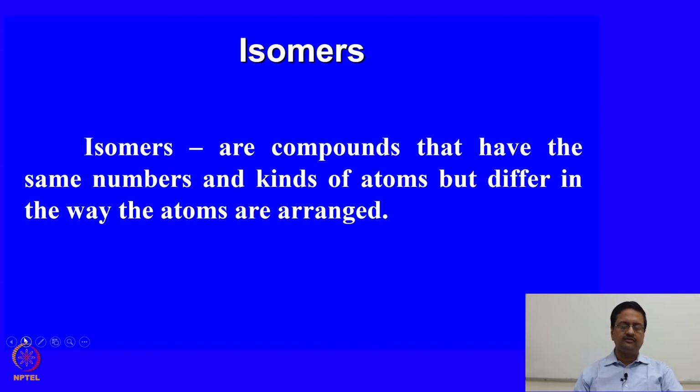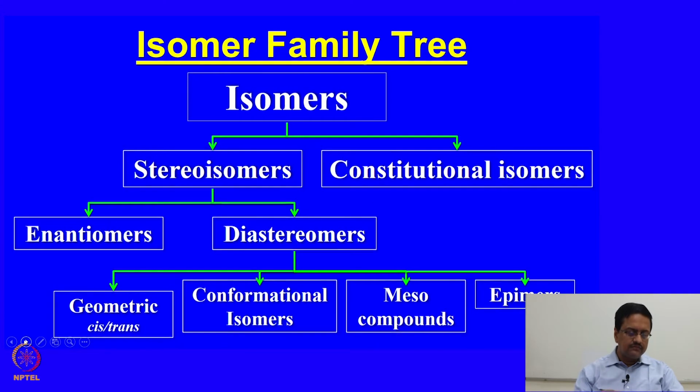We all know that isomers are compounds that have the same numbers and kinds of atoms but differ in the way the atoms are arranged. So let us try to see what are the different types of isomers that are known. Isomers are specifically divided into two parts: stereoisomers and constitutional isomers.